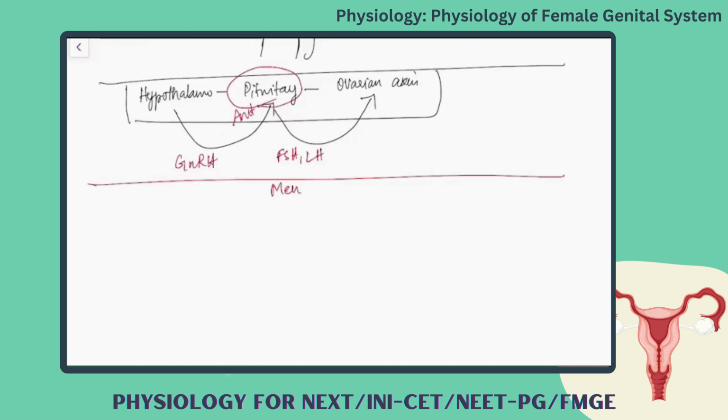We are going to see only about the reproductive hormones. So for that you should know the most important event which is happening in the female reproductive system, that is menstrual cycle. Okay, so before going into this menstrual cycle, first we will see the events which is happening in the ovary.